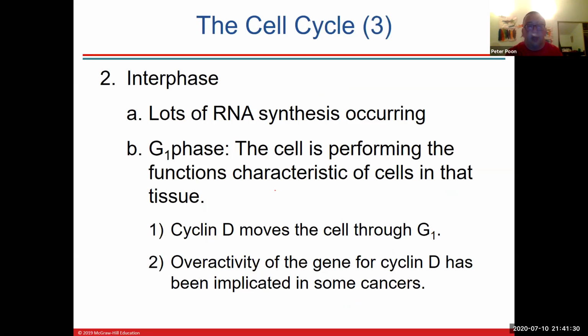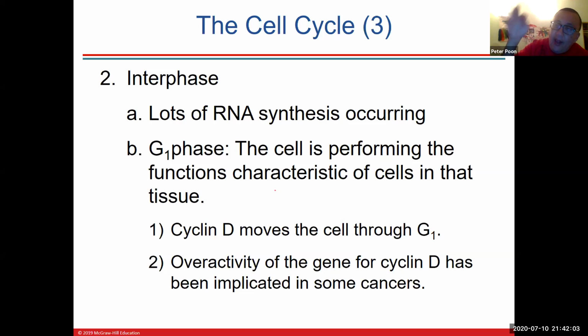So interphase. I forgot the part about cyclins. At the very end of mitosis, I purposely destroy all the cyclins. So a new cell will have no cyclins. As it progresses, it starts to build up cyclins.